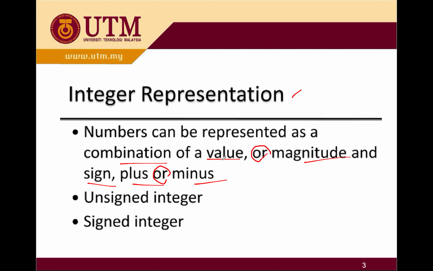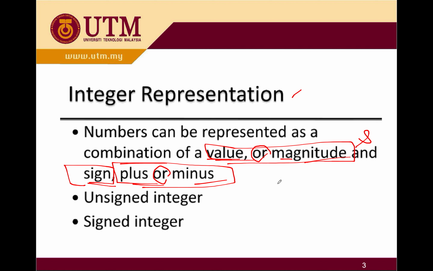So you can see over here there is value or magnitude and sign, which is positive or negative, and then plus or minus operation. First you need to have a value, let's say 1, 2, 3, etc. This is the value or magnitude.